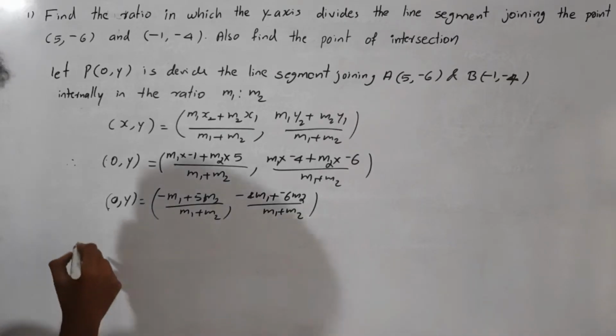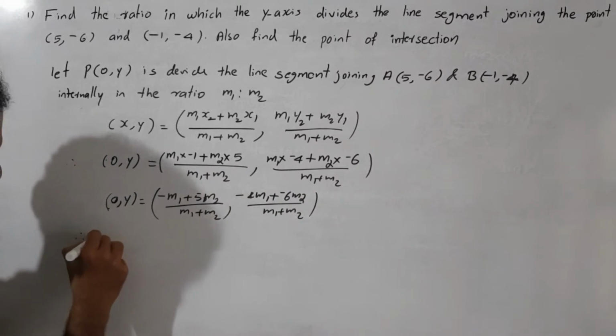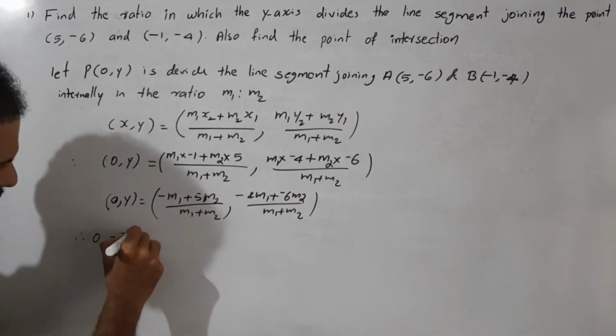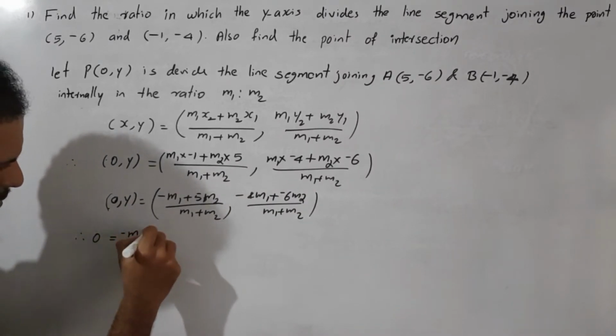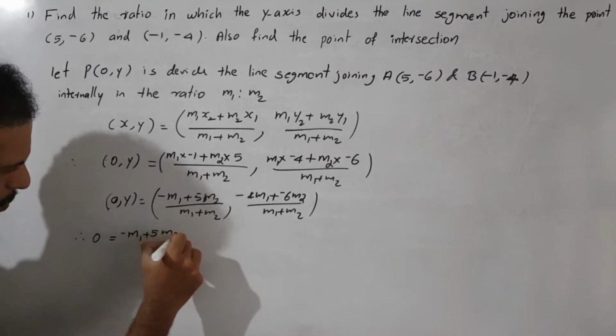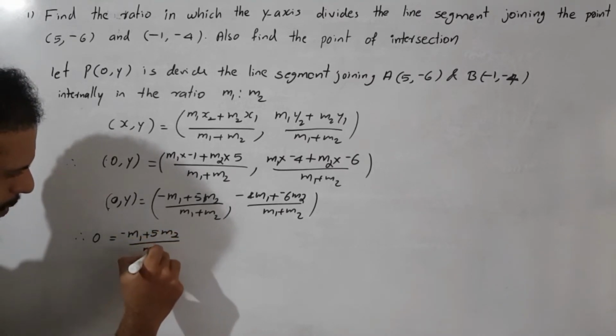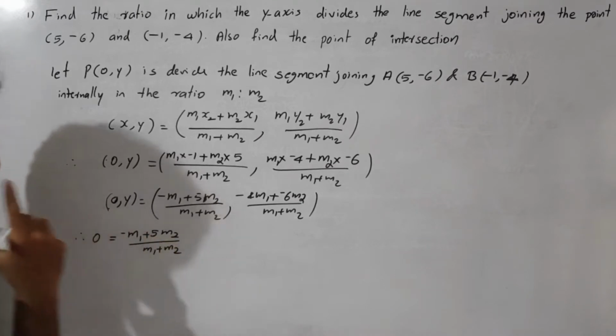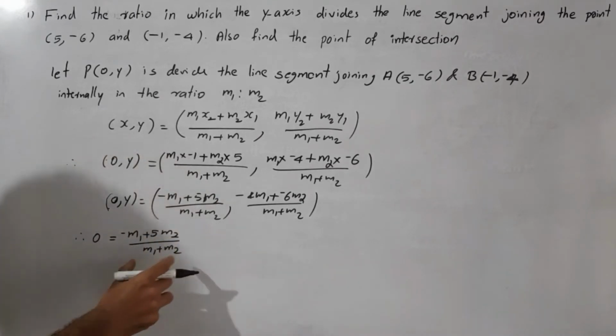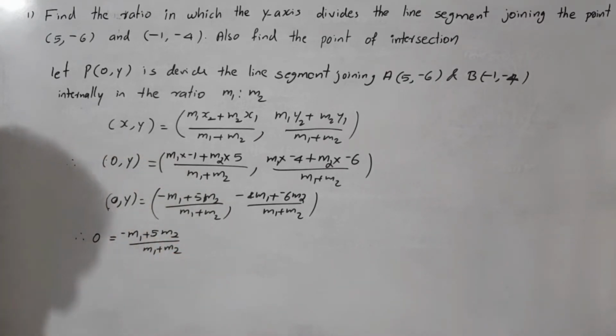Clear? Therefore, how do we start? Therefore 0 is equal to (minus m1 plus 5m2) by (m1 plus m2). Okay, then next we transpose m1 plus m2 to the LHS.